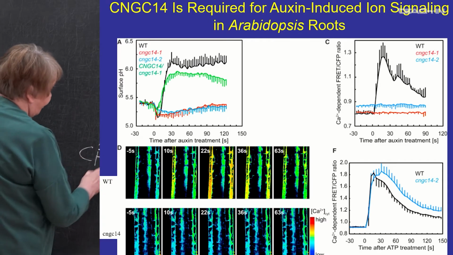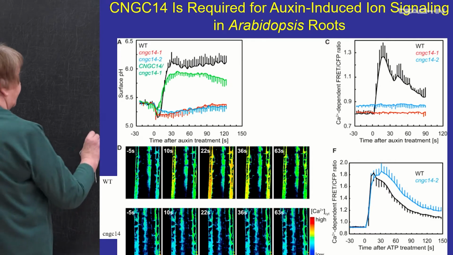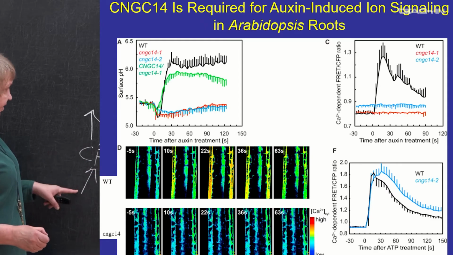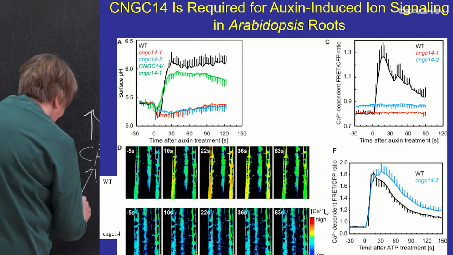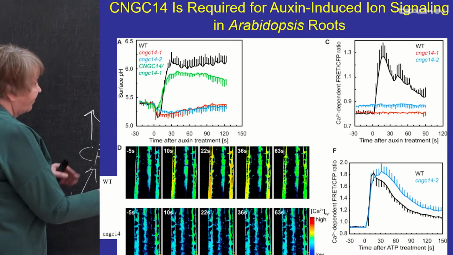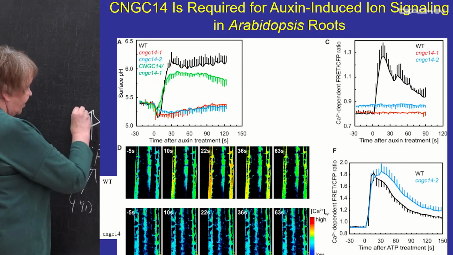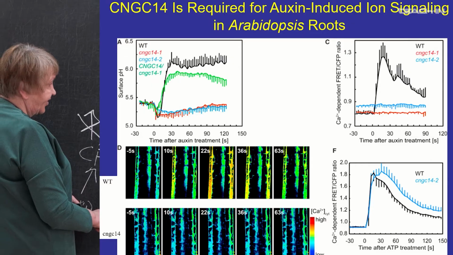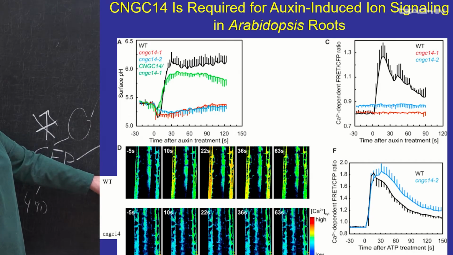So when they're far apart, you excite CFP and it emits shorter wavelength, longer wavelength, okay? And if they come in close proximity, the energy goes directly to YFP, so you excite CFP and you get emission of YFP, all right?